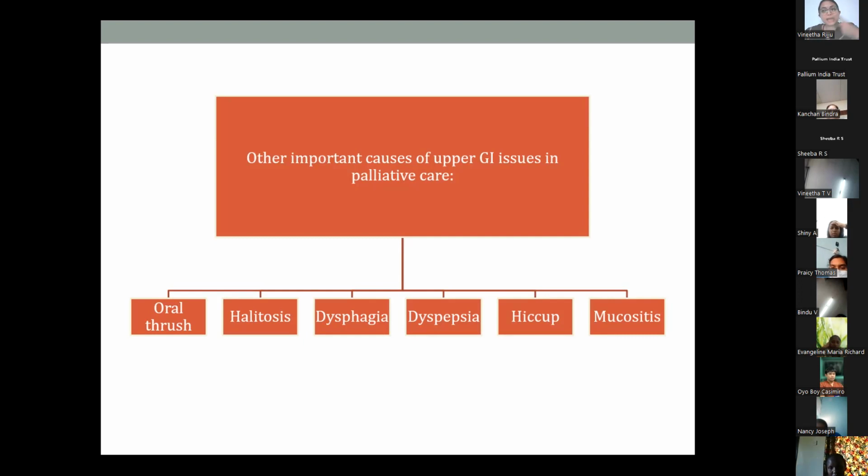You might see a white curdy precipitate in the oral cavity. Most probably that itself can be a cause for your patient's nausea and vomiting. They might also have esophageal candidiasis, a fungal infection of the esophagus.